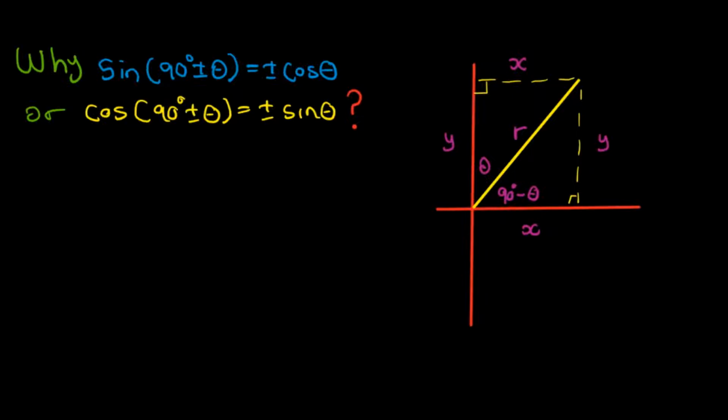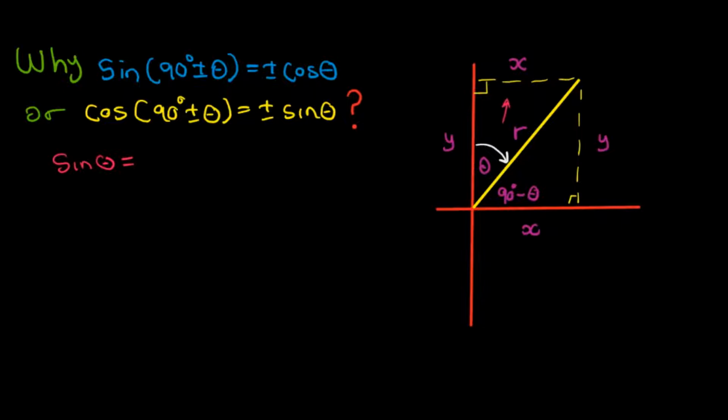So the first thing we're going to do is establish these angles. Let's establish angle theta and find the trig ratios of theta. First, sine of theta is equal to, looking at the diagram of theta, opposite over hypotenuse.